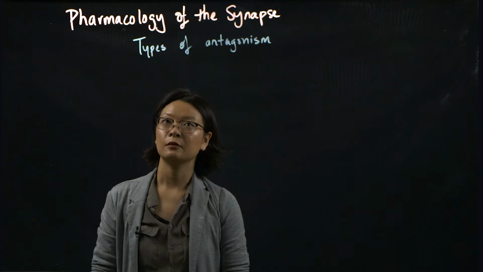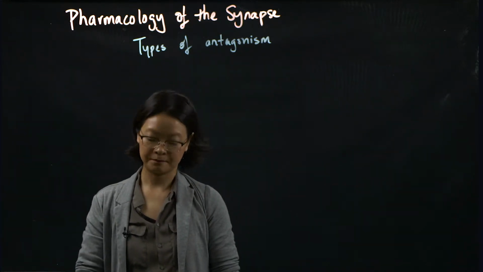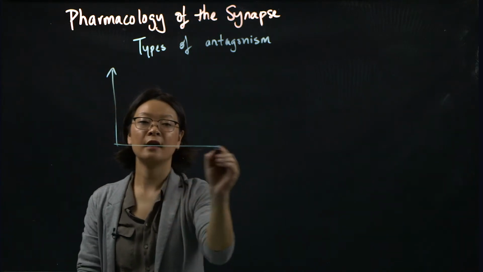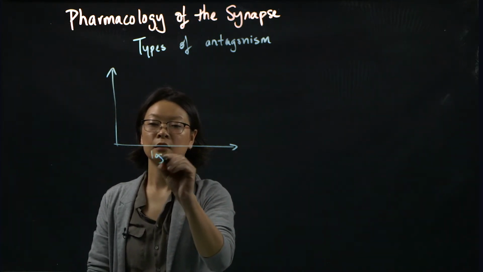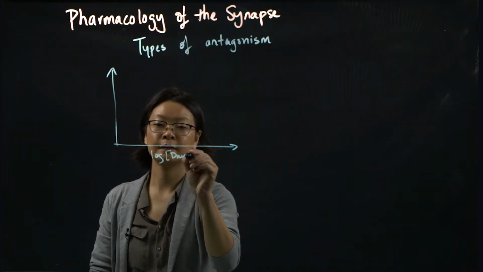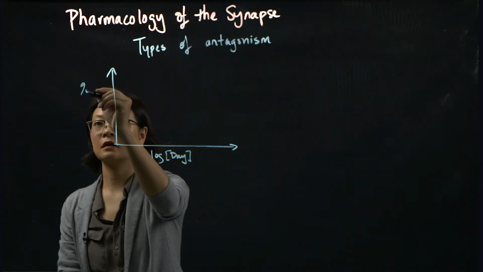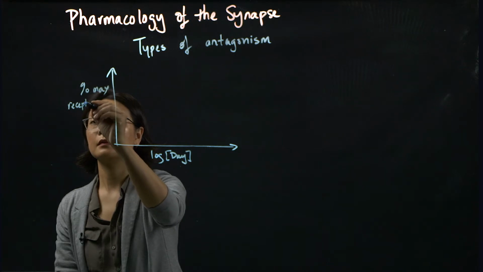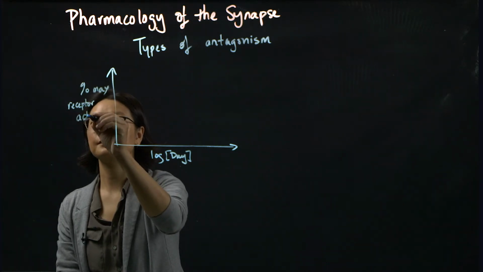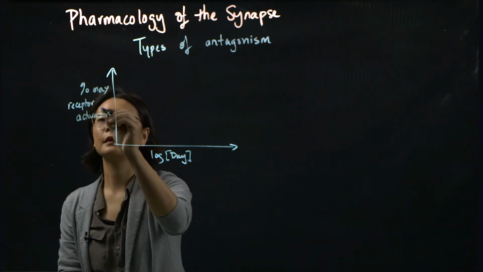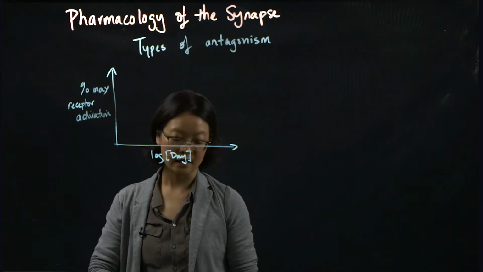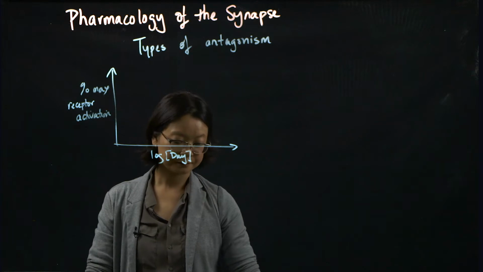The last concept that we'll cover are types of antagonism. So previously I mentioned that if you have your dose response curve, and let's just call this maximum receptor activation, that you wouldn't actually see the effect of an antagonist on your receptor.